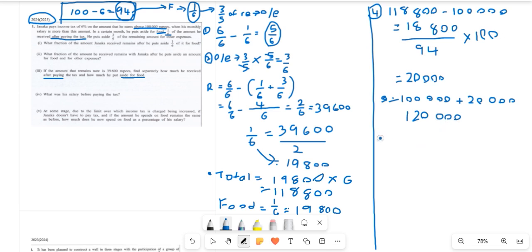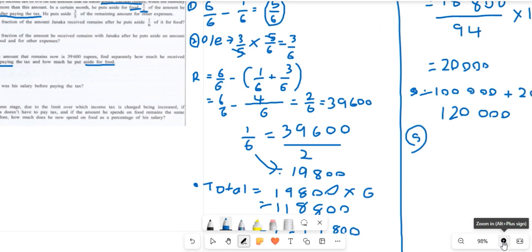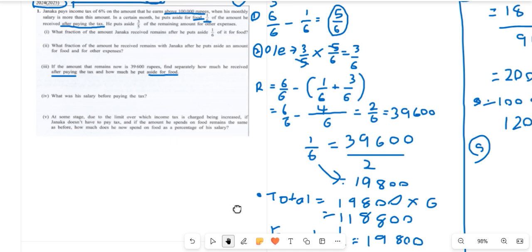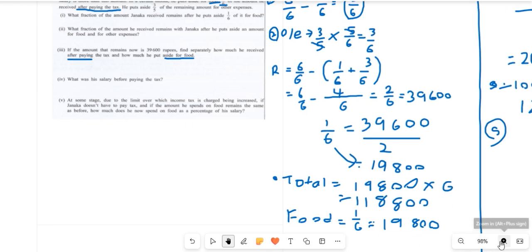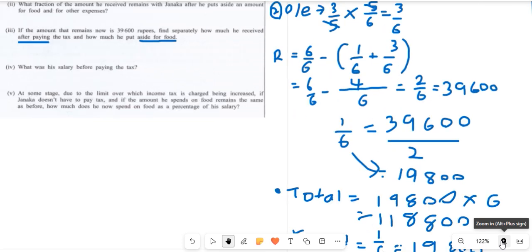So now we'll come to the fifth question. The fifth question is, at some stage the limit over which income tax is charged is increased, so Janaka doesn't have to pay tax.